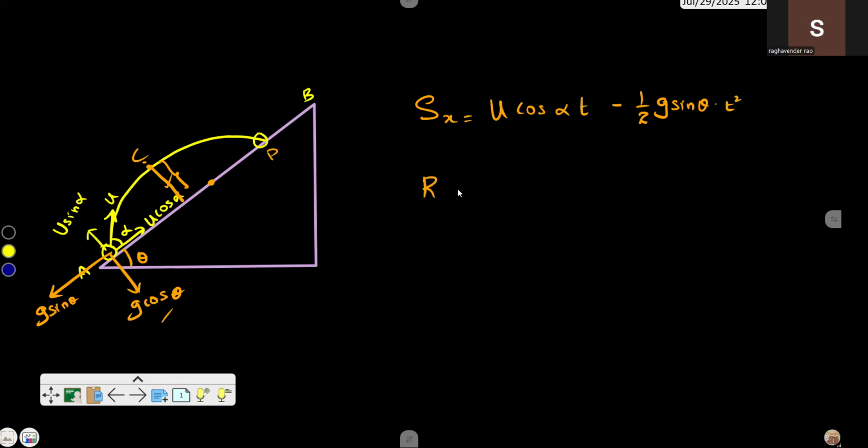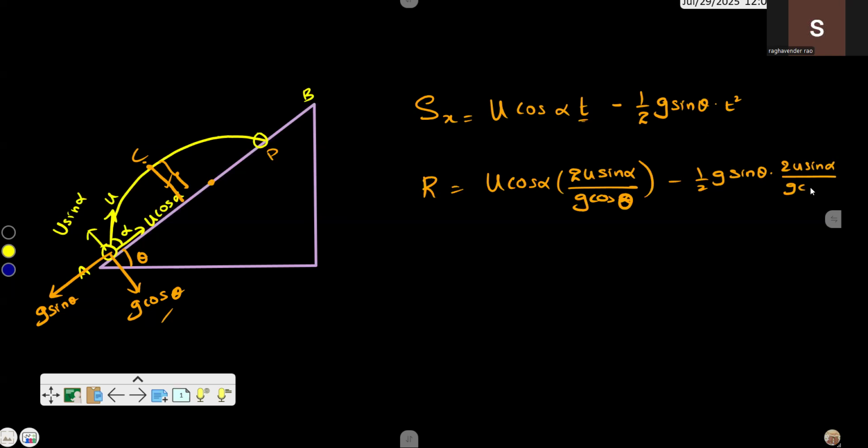So range is equal to, in place of t, put time of flight. U cos alpha into the time of flight, 2u sine alpha divided by g cos theta, minus half into g sine theta into the same 2u sine alpha divided by g cos theta whole square.